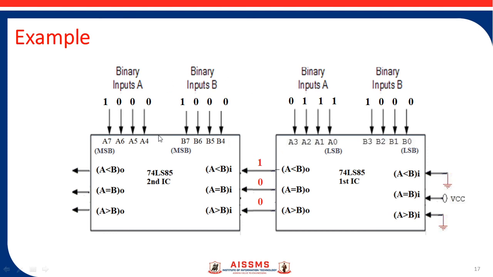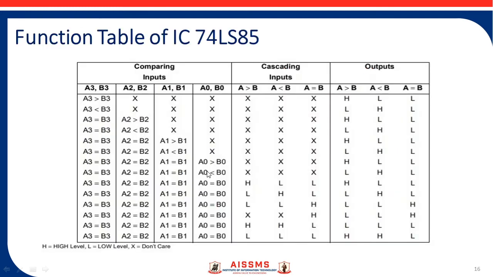If you see, the 4 bits of A are exactly equal to the 4 bits of B, so we have to go for the condition A3 equals B3, A2 equals B2, A1 equals B1, and A0 equals B0.